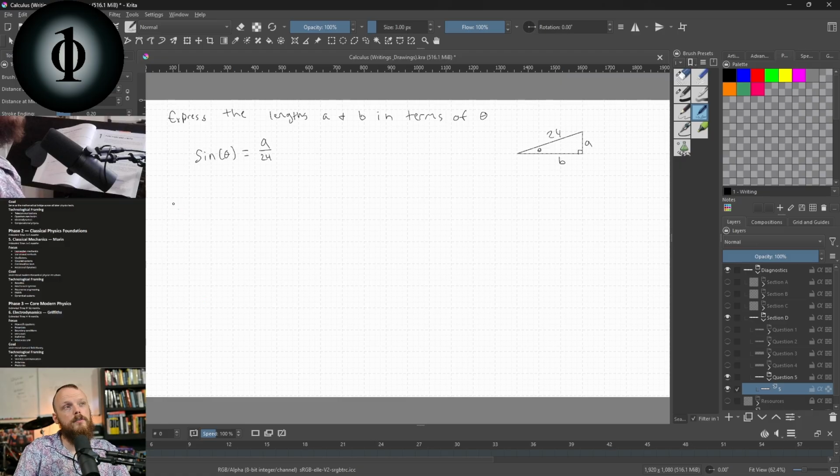And then the cosine of theta is equal to B over 24. It's amazing everything we figured out. So A is equal to 24 sine of theta. This seems so simple. B is equal to 24 cosine of theta. Surely I got this wrong. 24 sine of theta, 24 cosine of theta. All right.